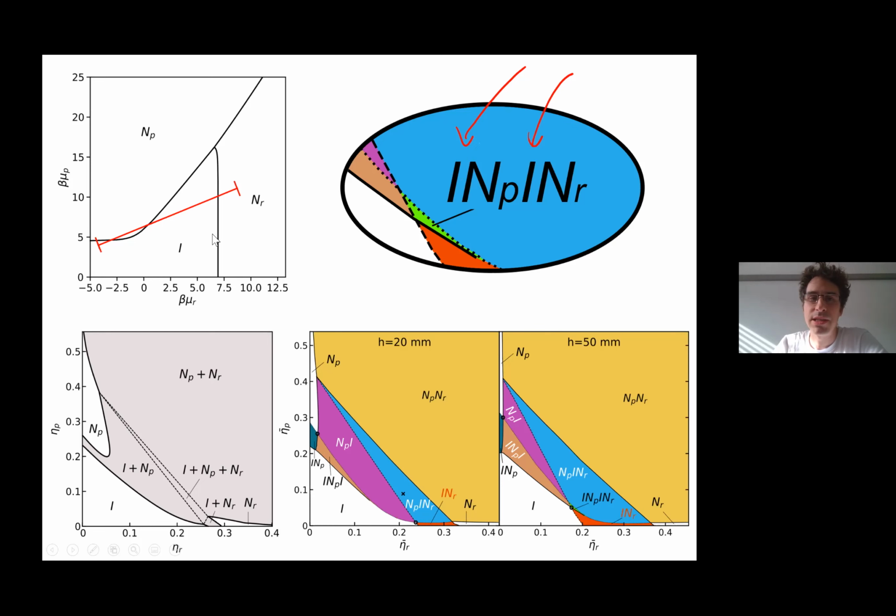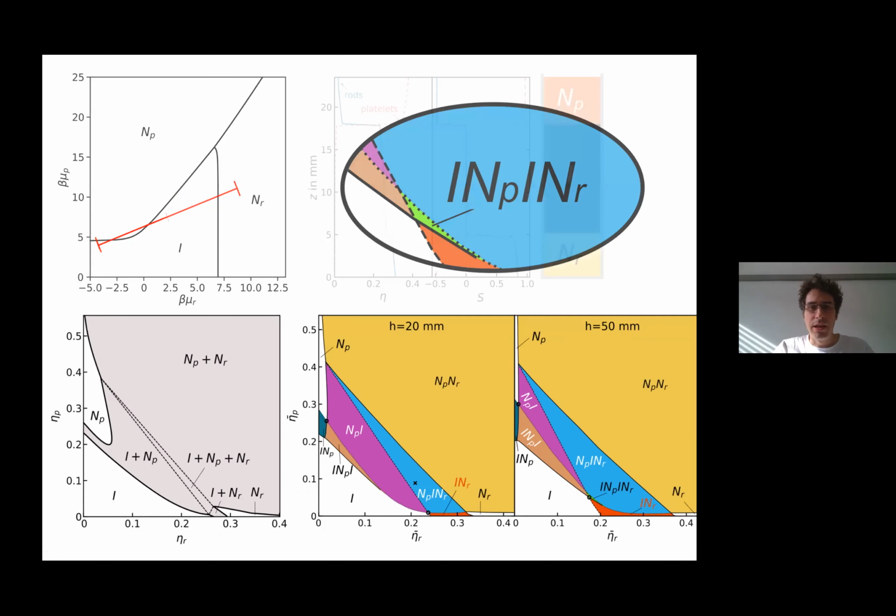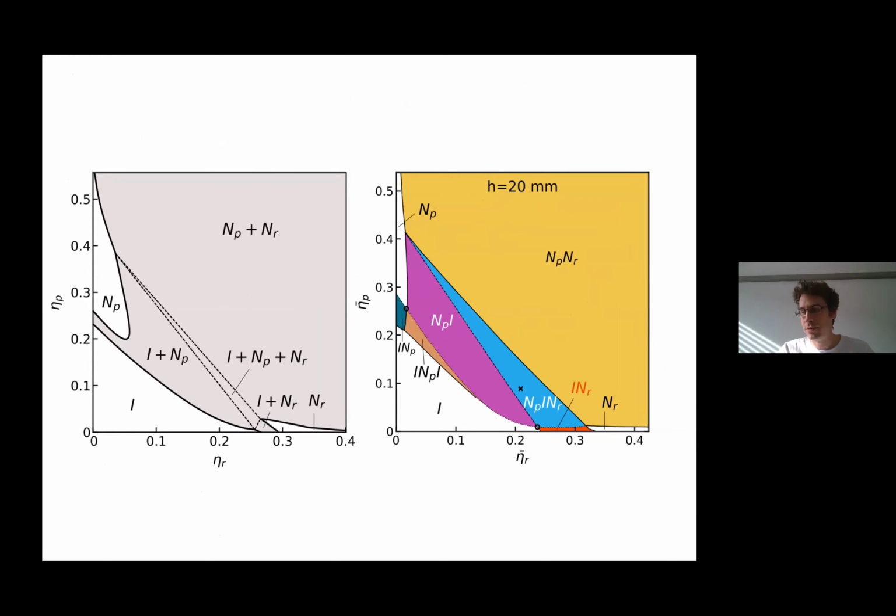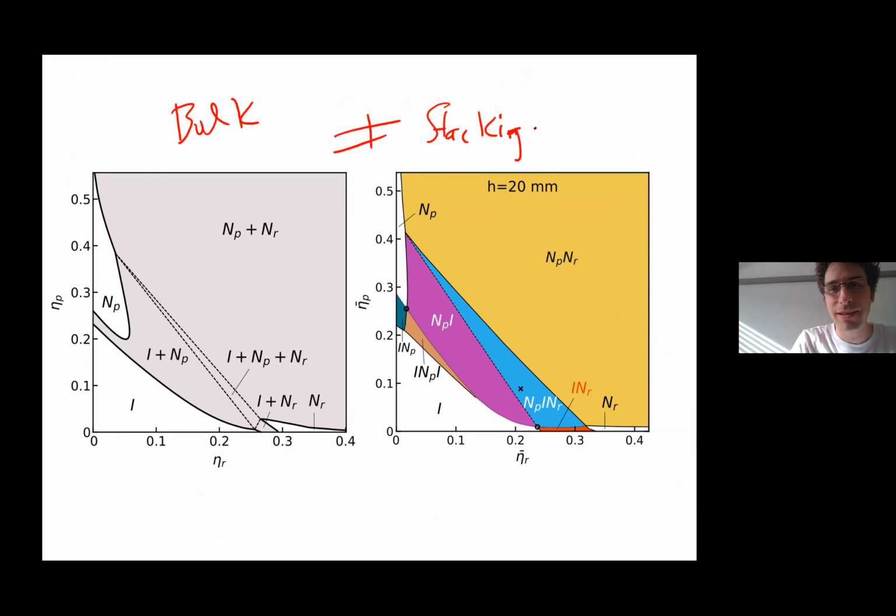No, it's not. It's just the path that is entering the isotropic region twice. So I hope that this is now much clearer than before. Bulk is completely different to the stacking diagram.